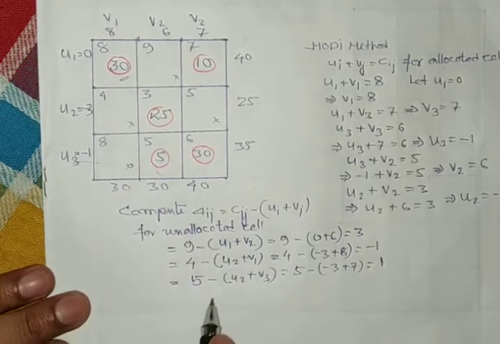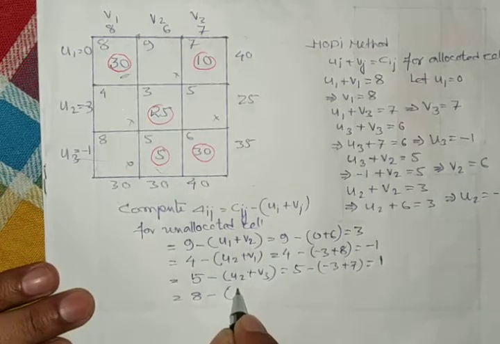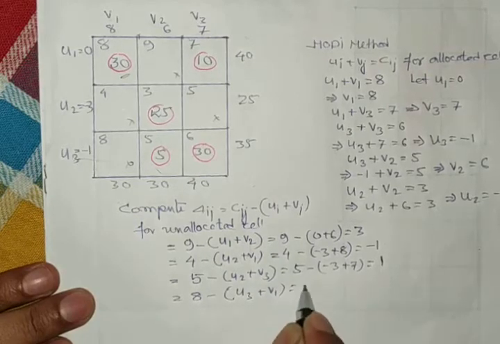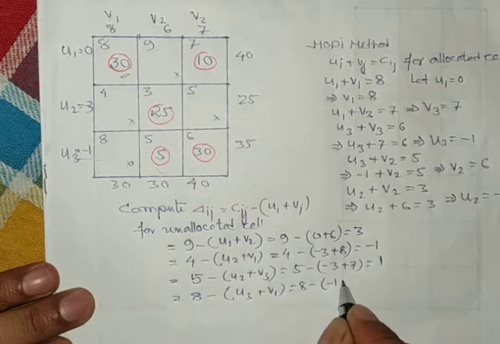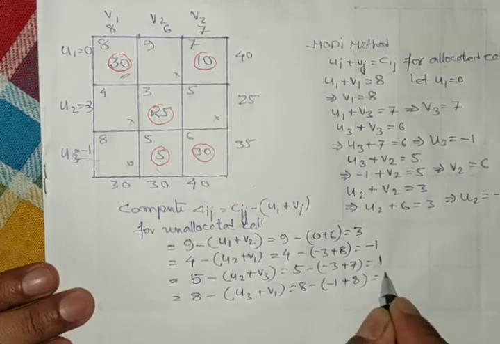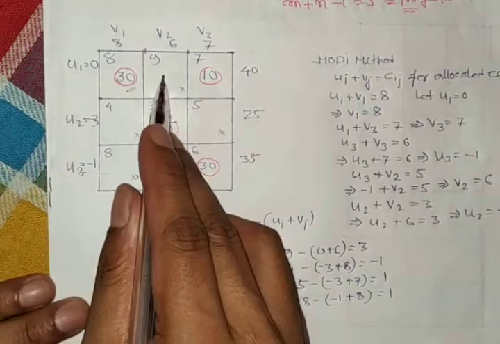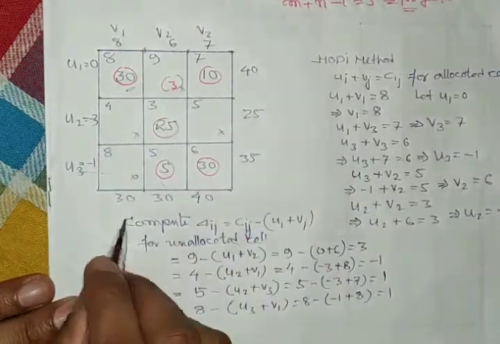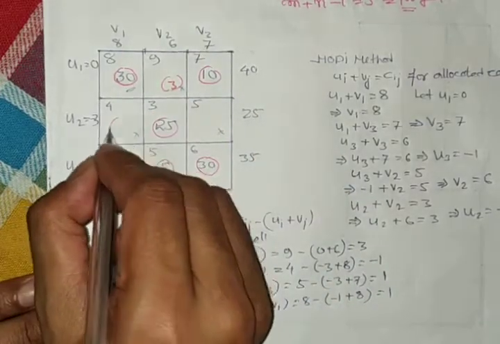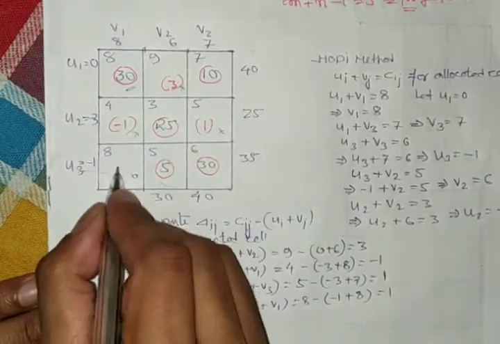Similarly for this, 8 minus (U3 plus V1), 8 minus (minus 1 plus 8). So it will be 1. So again, I can write here for the unoccupied cells: this value is 3, this one is minus 1, this one is 1, and this one is also 1.